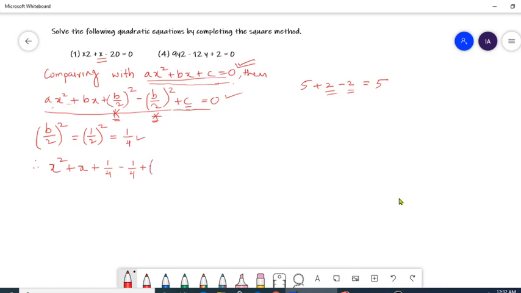So I'll write this 20 within the bracket because here we have minus 20, right, equals to 0.